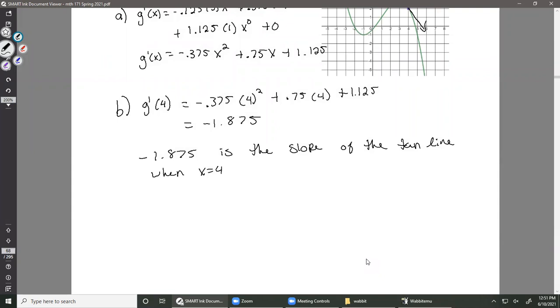I'm going to go a little bit further with this problem because we haven't had any of these notes in here. Let's find part C, the equation of the tangent line.